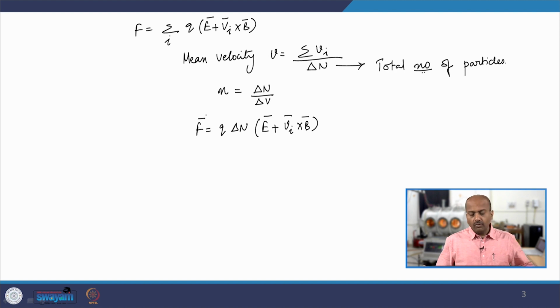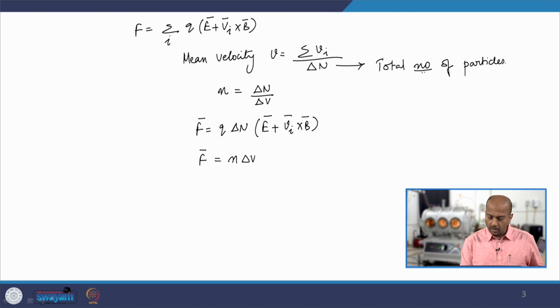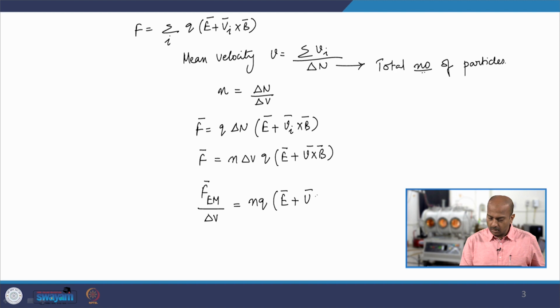So, this is the electromagnetic force that the plasma will experience, and if you want to use the number of particles per unit volume, you have to write n delta V times Q times E plus V cross B, or the electromagnetic force the plasma experiences per unit volume is equal to nQ times E plus V cross B. Right.